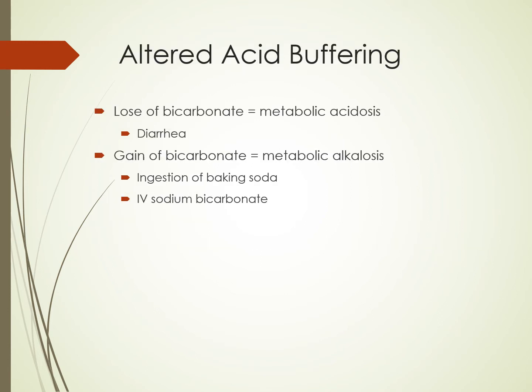Altered acid buffering is a loss of bicarbonate, which equals metabolic acidosis, such as when you have diarrhea, you lose bicarb in the excretion of the fluids and your body becomes acidotic. A gain of bicarbonate would cause metabolic alkalosis, which is an ingestion of too much baking soda or IV sodium bicarbonate.